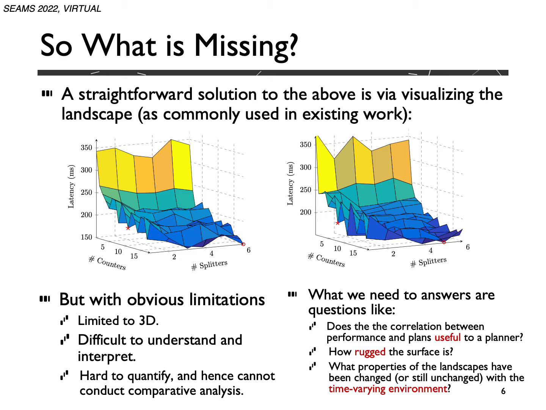A straightforward way to answer these questions would be to plot and visualize the landscape, which is what has commonly been used in existing work. Here I show two examples of the landscape under two different environments for Apache Storm.